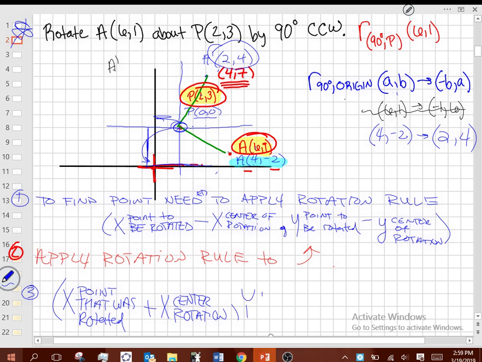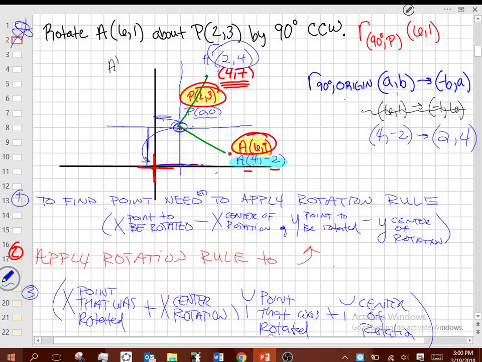So the y of the point that was rotated plus the y of your center of rotation. And that's your answer. Okay?